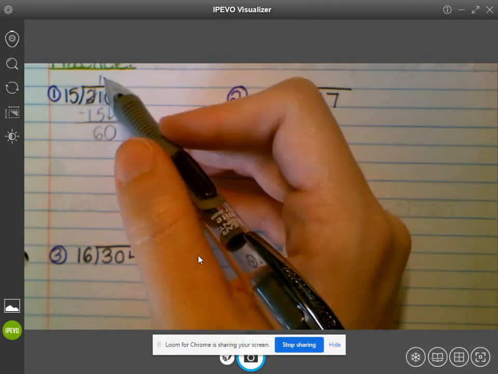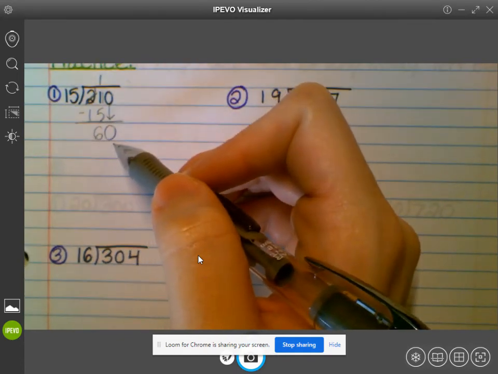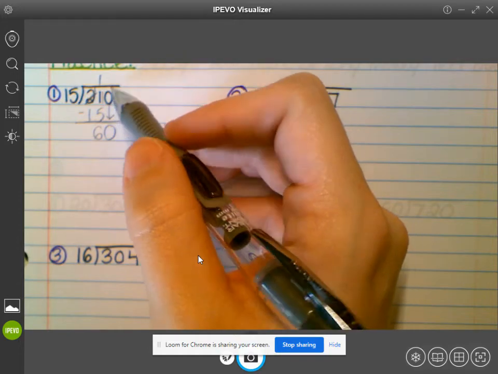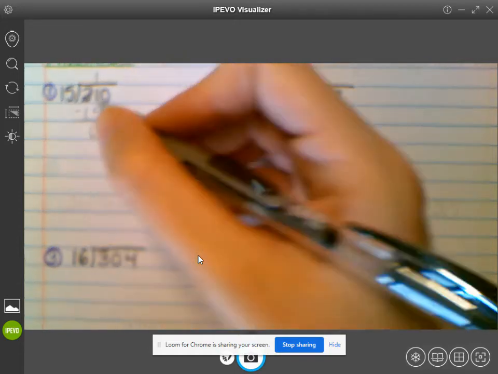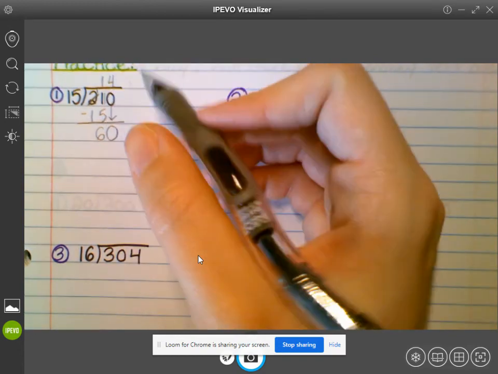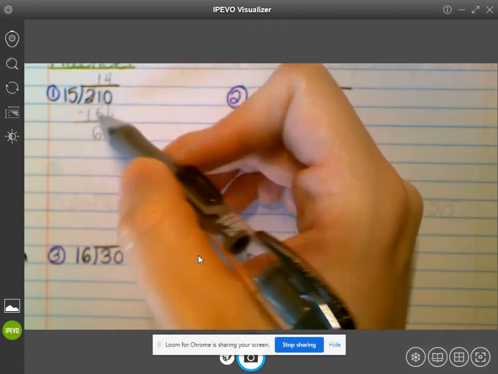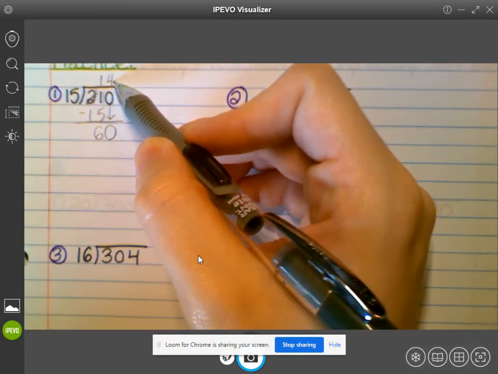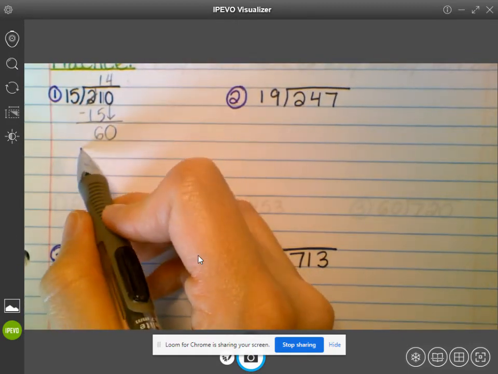So then, you guys, we want to make sure the 4 lines up. So make sure you're keeping everything in line. So all the way up, our 4 goes on top. What is 15 times 4? It's 60, right? So then we subtract 60.